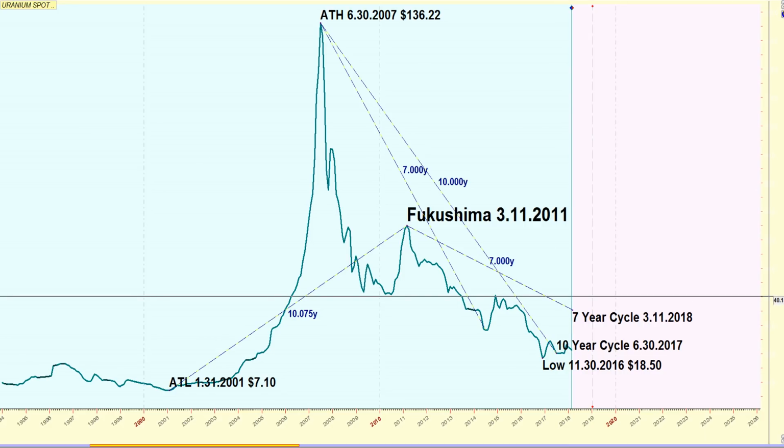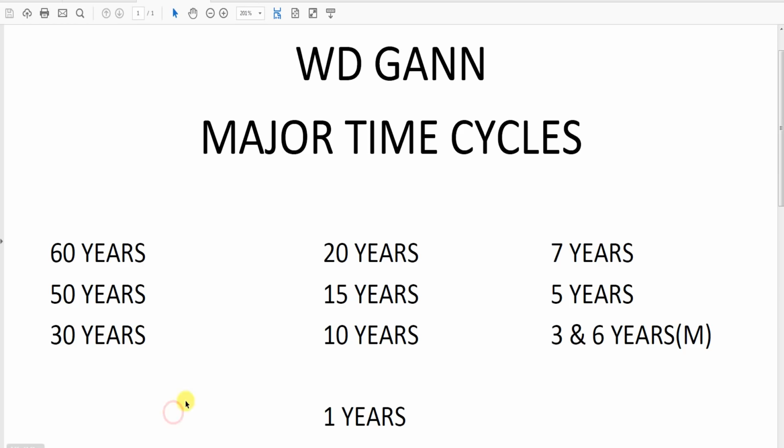Let's look at the 15. He said 15. Right here. Watch the 15. He said the most important, just to give you a tip, the most important is the 60 years. Some of you are probably not going to even live that long. But the 60-year cycle is the most important cycle of them all, of all these right here.